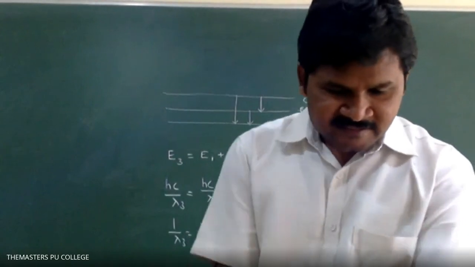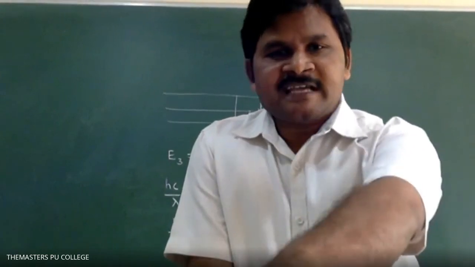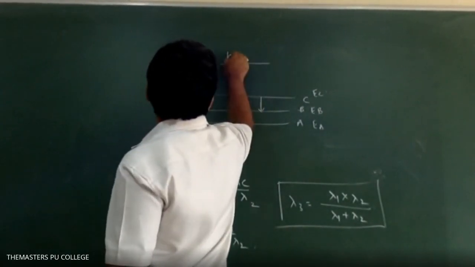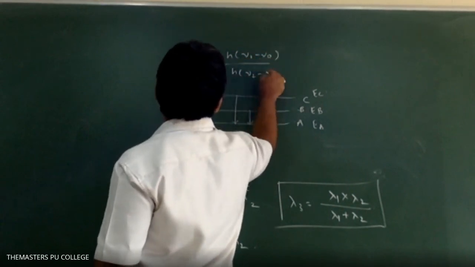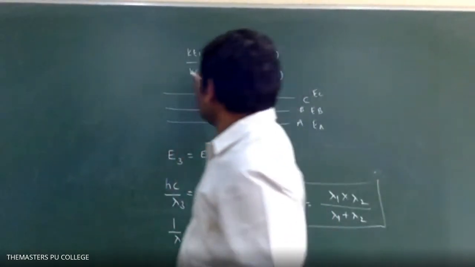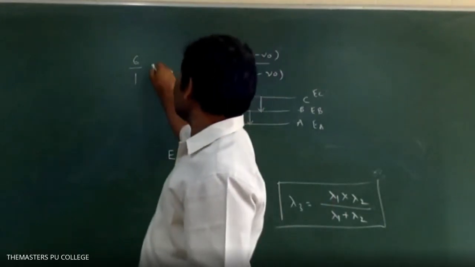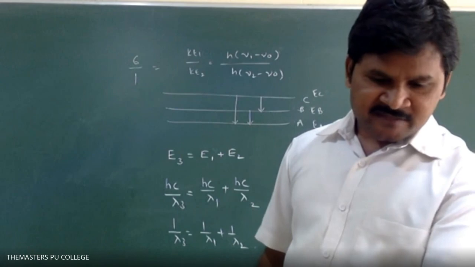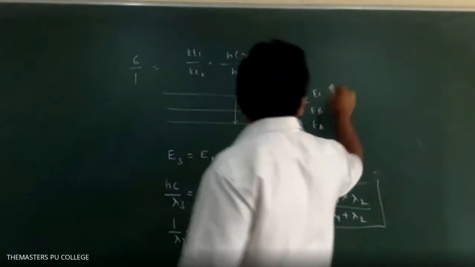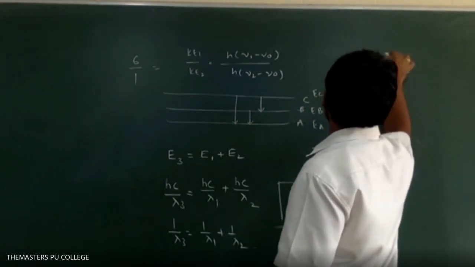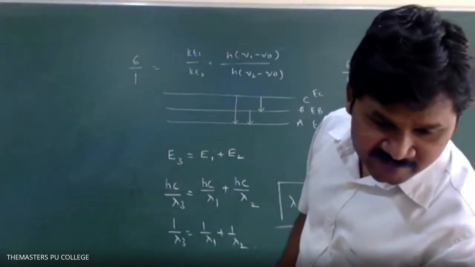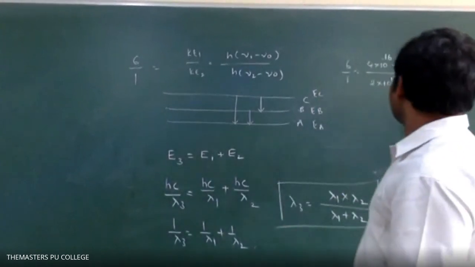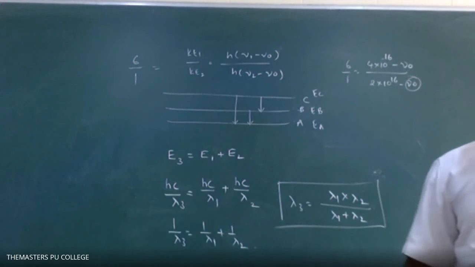He is telling two kinetic energies, 6 times, so 6 by 1 is equal to KE1 by KE2, is equal to h into (4 into 10 power 16 minus nu naught) by h into (2 into 10 power 16 minus nu naught). The h cancels. Calculate the critical frequency, please calculate this one.